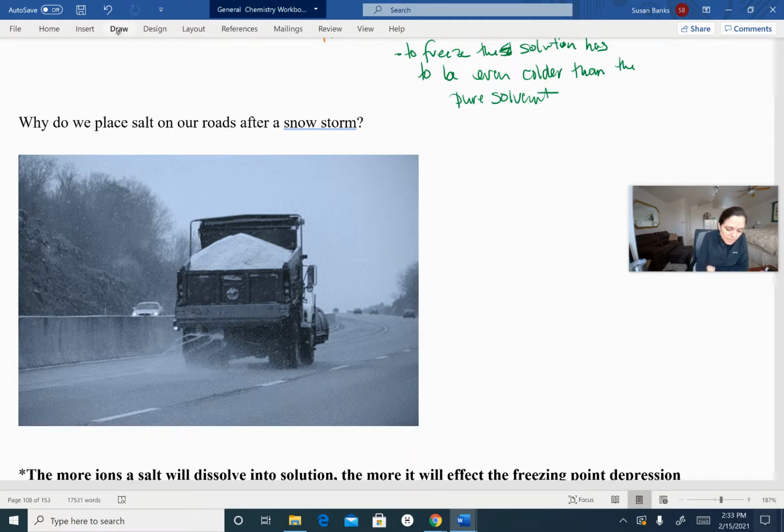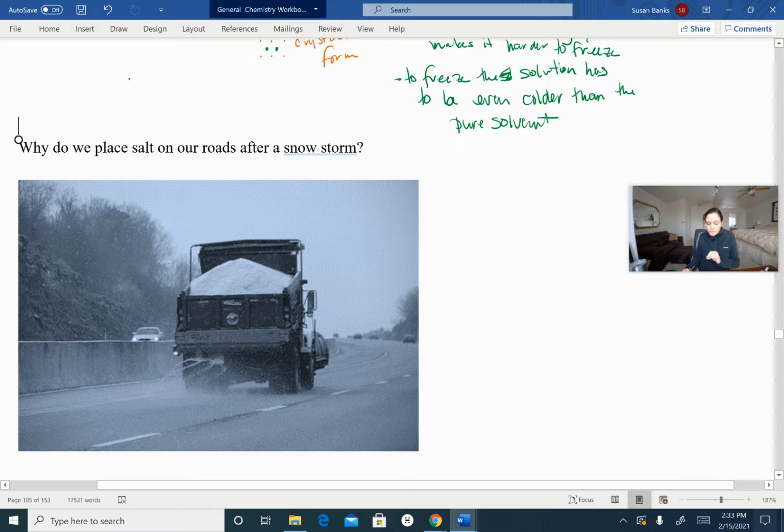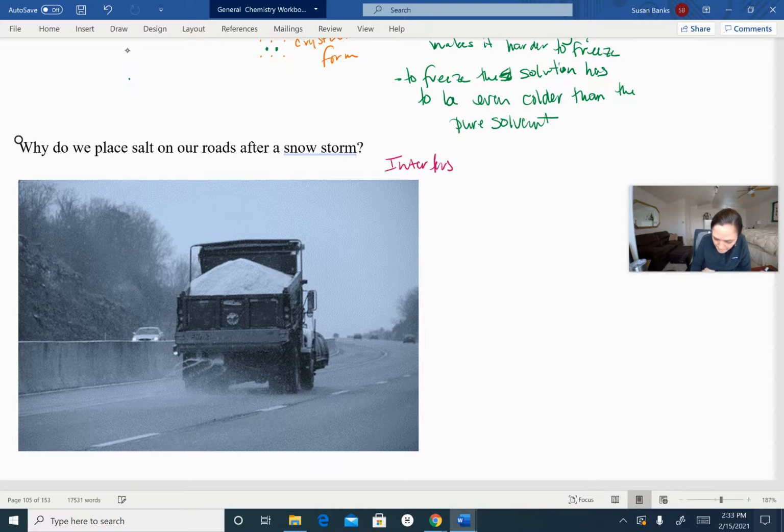Okay, so we spend a lot of money here in Utah every winter putting salt on the road to interfere with that snow and ice freezing. It interferes with the snow and ice crystal formation, i.e. freezing, and keeps it liquid.